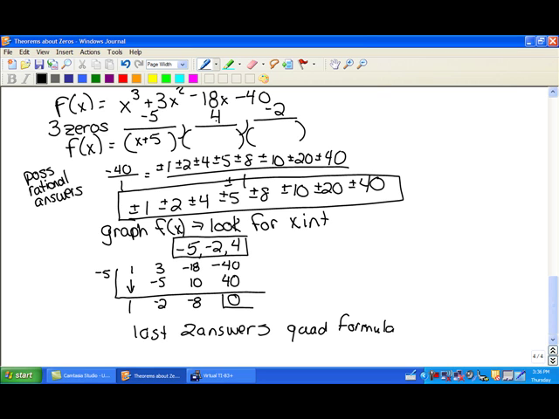If 4 is an answer, that means x minus 4 is the factor, or if negative 2 is the answer, that means x plus 2 is our factor. These will always go easier if you can factor from the beginning.